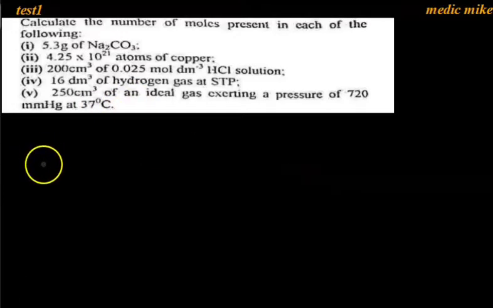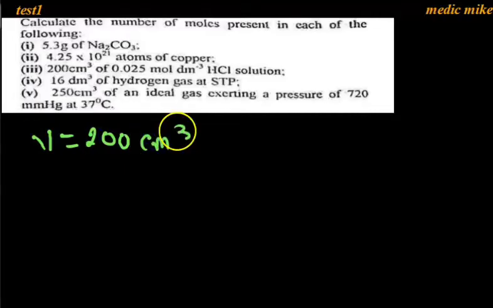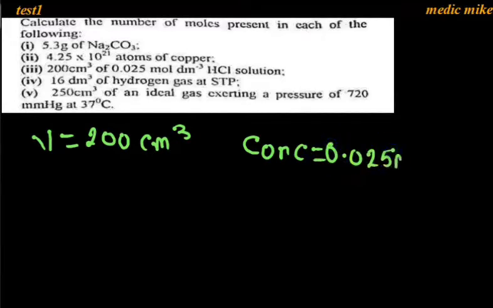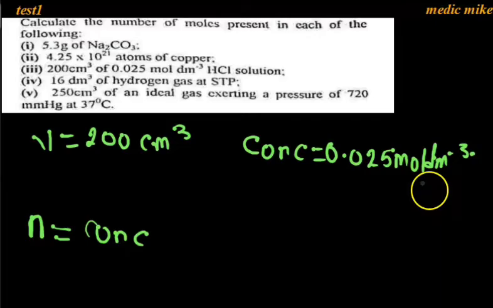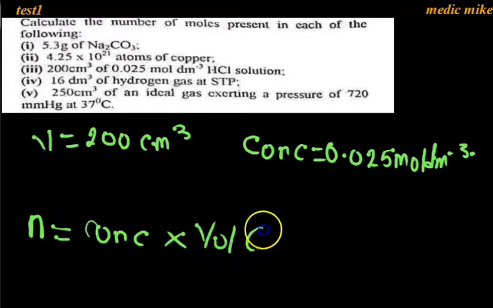Now for Roman figure 3, we were given volume as 200 cm cube and concentration as 0.025 mole per dm cube. Having established that, we'll be using our second formula, which is mole is equal to concentration in mole per dm cube times our volume in dm cube.